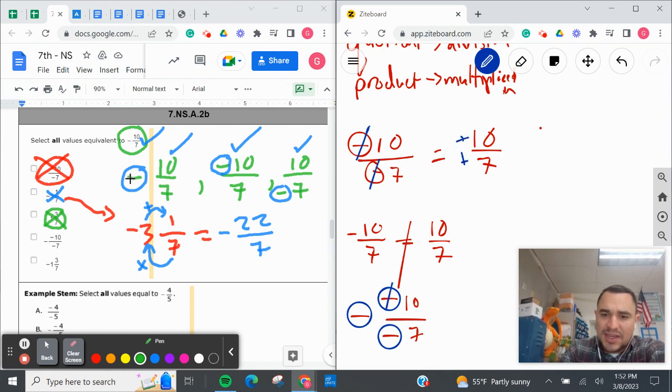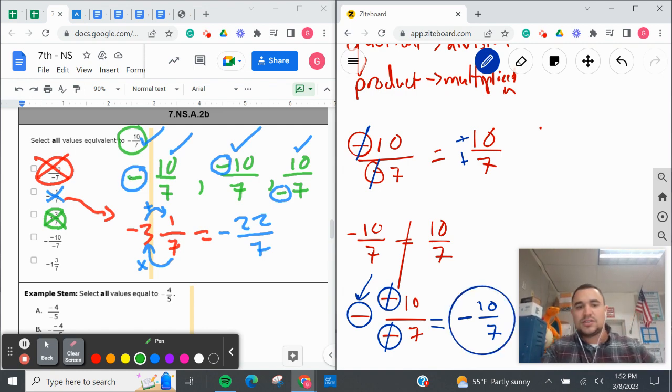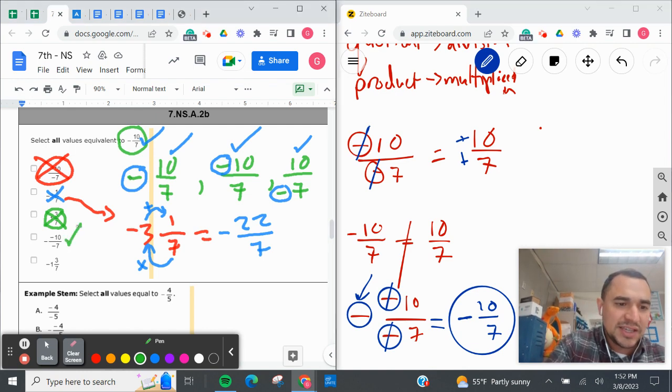So that means these two cancel out to create a positive, but this one is still here. 3 negatives is still a negative 10 sevenths. So this is going to be a negative 10 sevenths because the 2 negatives cancel out, but you still have 1 left, so it's negative 10 sevenths.